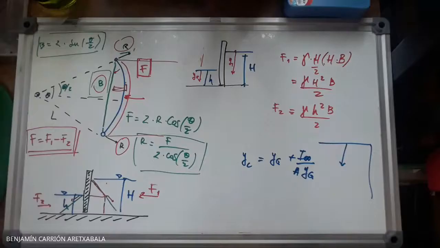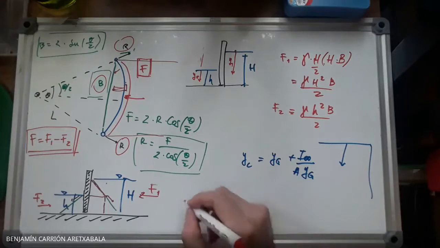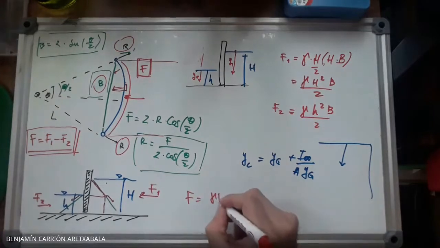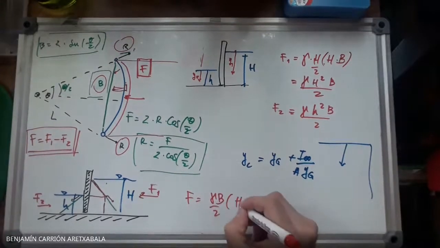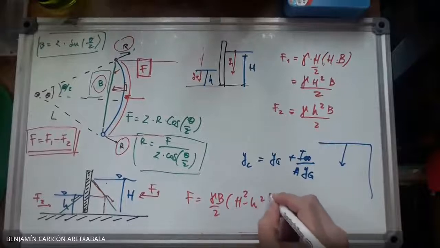Profe, una cosita. ¿Cuánto valía la fuerza resultante total? I just deleted it, but me parece que escribió gamma seno teta medio L H menos H, ¿no? Algo así. Give me a second. The total force is gamma b half h square minus h square.